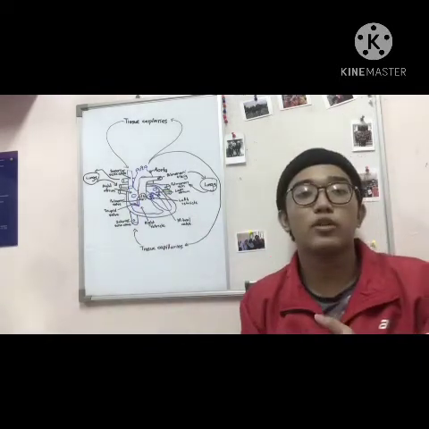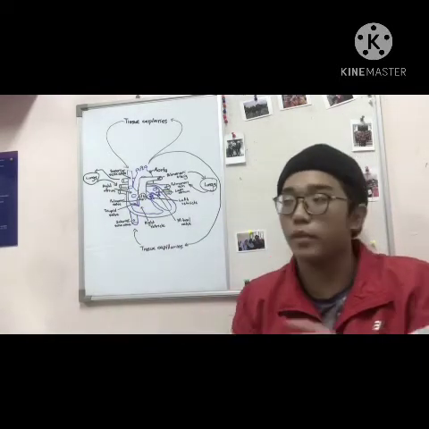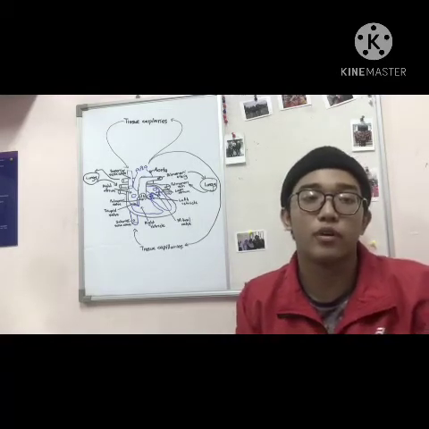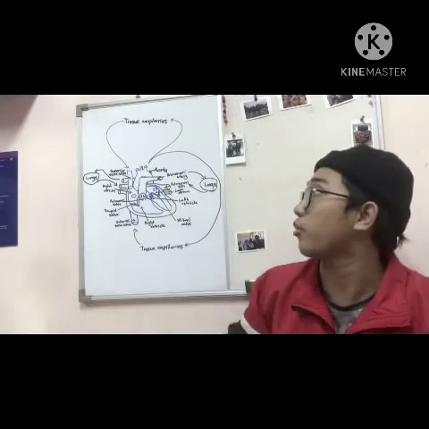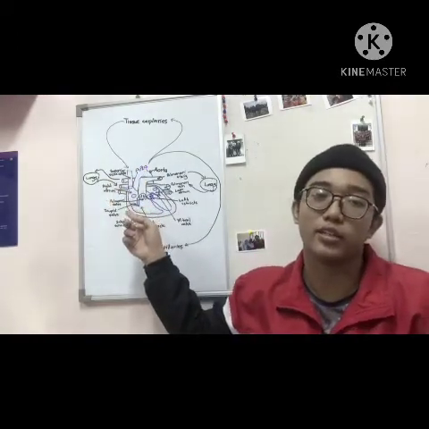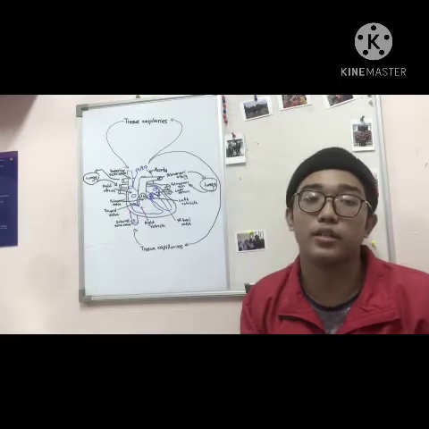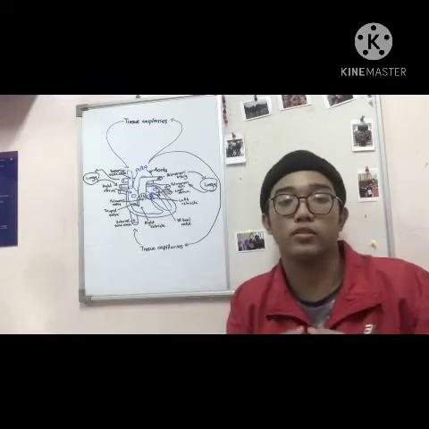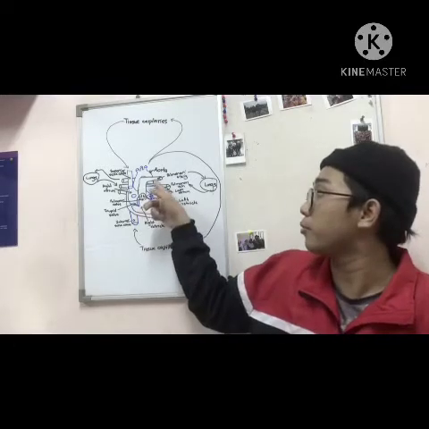So next, I will talk about what will happen to the blood that doesn't have oxygen. The blood from the tissue capillaries that doesn't have any oxygen will be carried to the lungs, to the pulmonary artery.